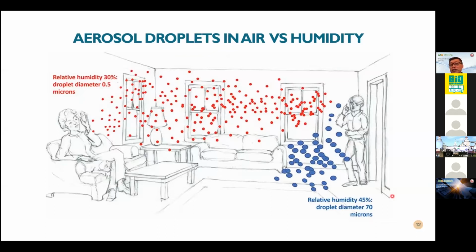If the humidity is controlled at 45%, the droplet diameter will be at 70 micron, which is large and heavier. So if a person coughs, speaks or sneezes, the droplets will tend to fall almost immediately to the ground because they are heavy. Compared to 30%, where it is only 0.5 micron, very, very small, it is able to stay airborne for a longer time and travel further.